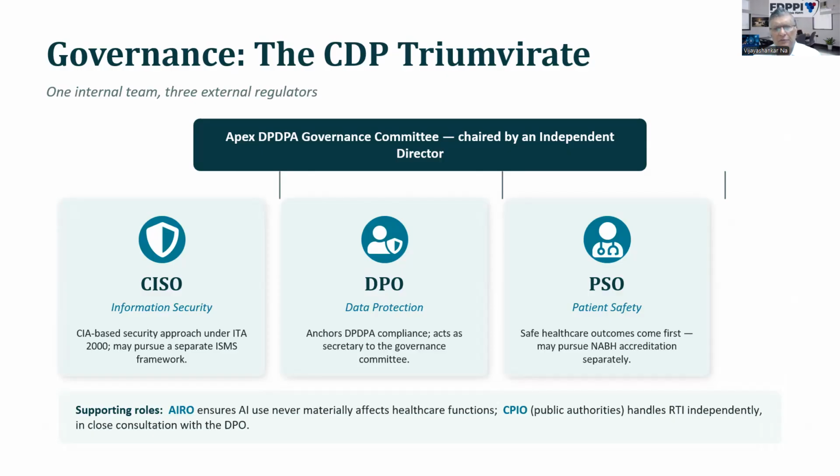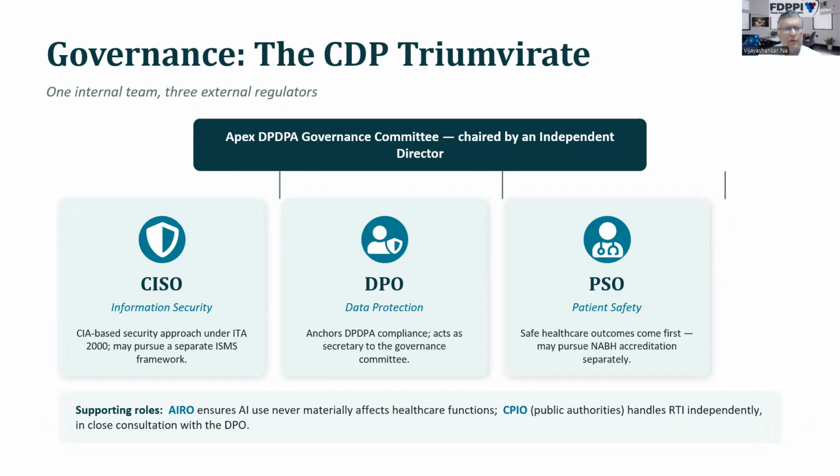PSO is the patient safety officer, which is a designation which is used by hospitals which go for NABH accreditation. CISO, of course, we know is a general designation for the information security manager who takes care of the entire IT security. Now, DPO has to work closely with these two people, CISO and the PSO, and this team should internally govern the management of the data.